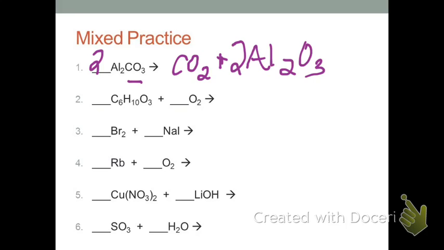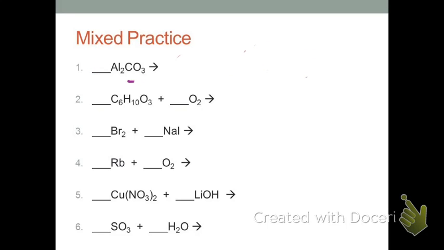That's not going to work. Oh, I see what the issue is. I miswrote this, you guys. I'm sorry. In your notes, you're going to have to change this. It's supposed to be Al2(CO3)3, which is why it doesn't make sense.